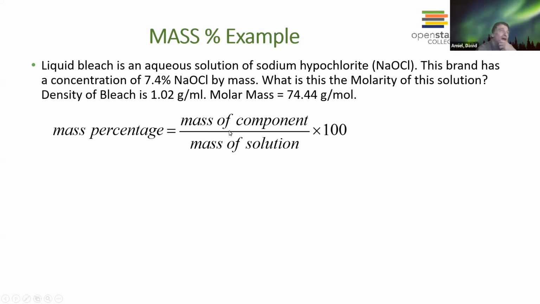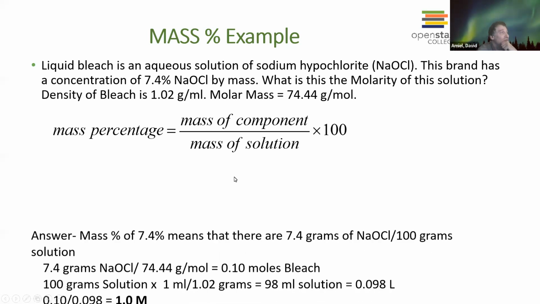How do you convert that to a molarity, another unit of concentration? Well, you need to know two things. You need to know the density, and you need to know the molar mass. The density will be given, and you can calculate the molar mass from the chemical formula. So to do this problem, you're trying to go from mass percentage to molarity.